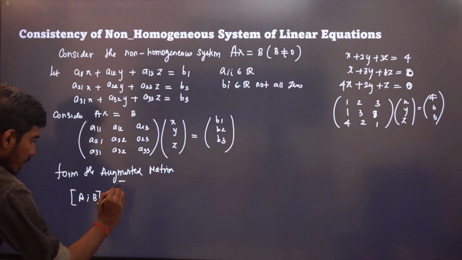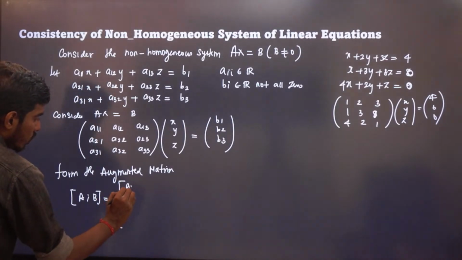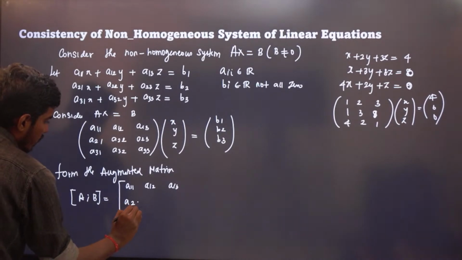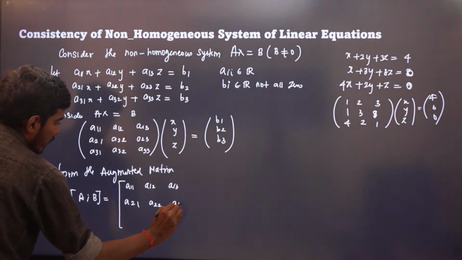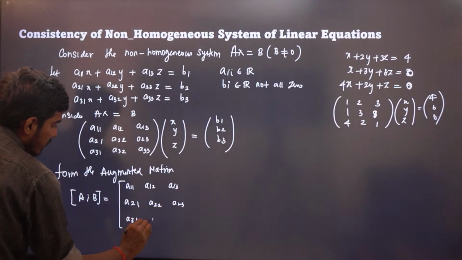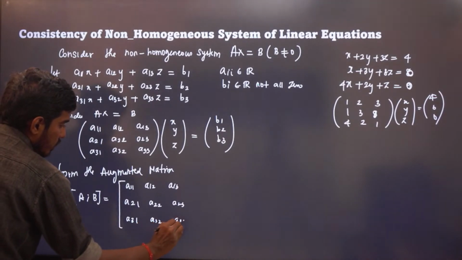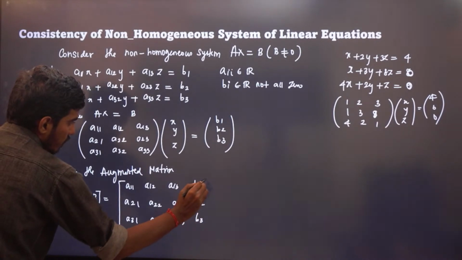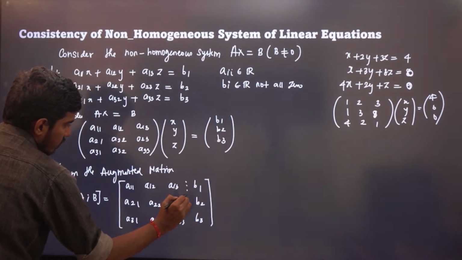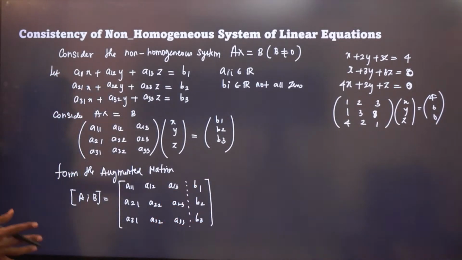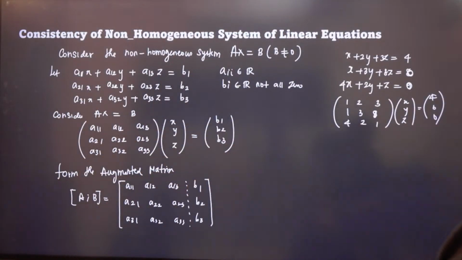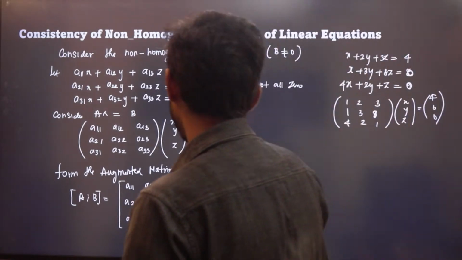So your augmented matrix will be A11, A12, A13, A21, A22, A23, A31, A32, A33, B1, B2, B3. Is it clear? I'm just augmenting A and B. This is the first step you have to do.